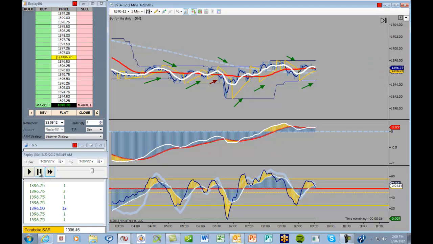Got a little too close there with the stop. Well, let's look for a chance to get back in like this. The blue has dipped, curled, and looks like it wants to go back up.